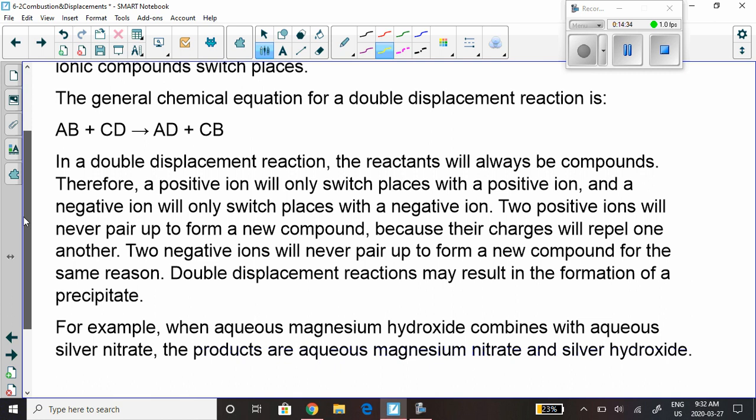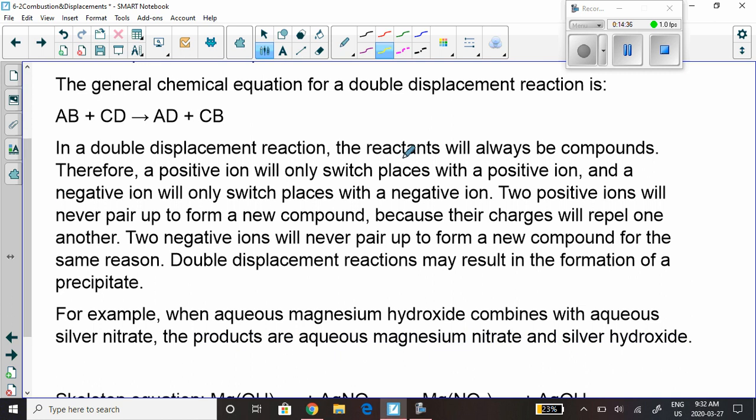In a double displacement reaction, the reactants will always be compounds. Always. You start with two compounds and you end up with two different compounds. Therefore, a positive ion would only switch places with a positive ion, meaning the metal switches places with the metal. The two positive ions will never pair up to form a new compound because their charges will repel one another.